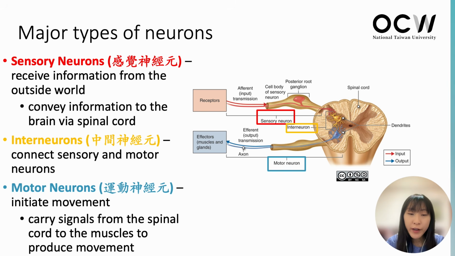They will convey information to the brain via the spinal cord. And then there is another type called interneurons. They can help connect sensory and motor neurons. And finally, motor neurons help us produce movement and connect signals to the spinal cord and then to our muscles to produce movement.